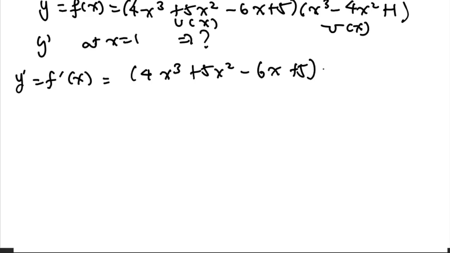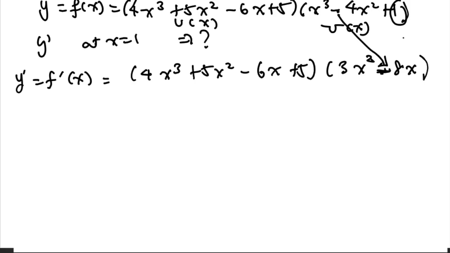When you differentiate v(x), x cubed becomes 3x squared, minus 4x squared becomes 8x, isn't it? Close the bracket. Why? Because when you differentiate 1, it becomes zero.